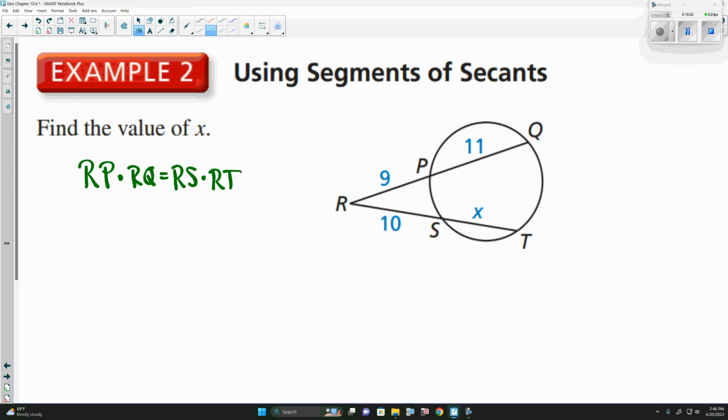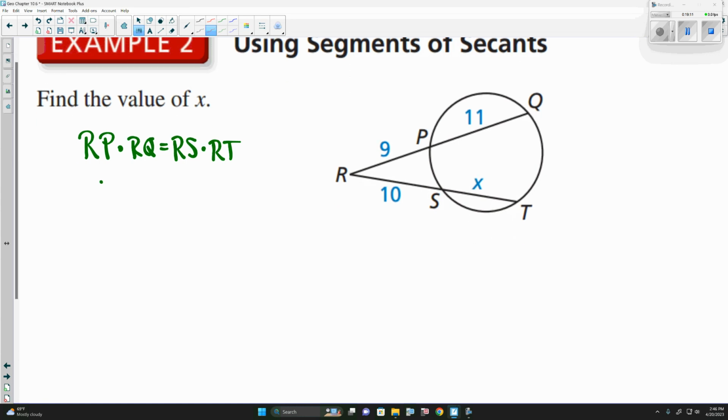External times the whole is equal to external times the whole. Now RP is 9. Now RQ is 9 and 11, so the whole length is 20.